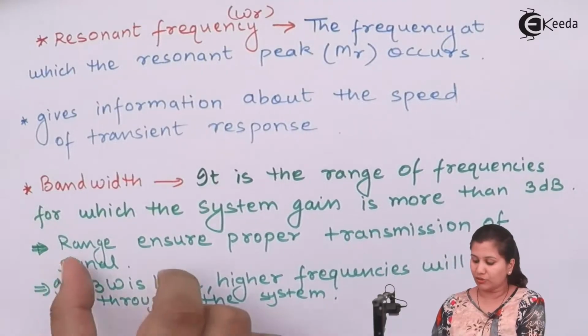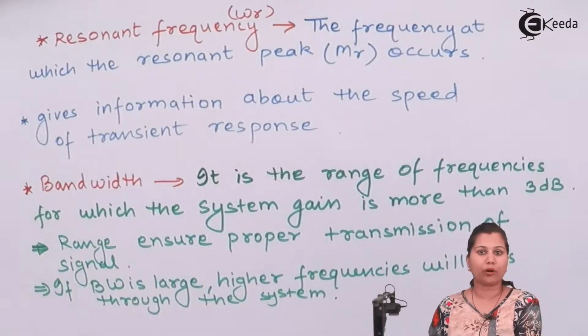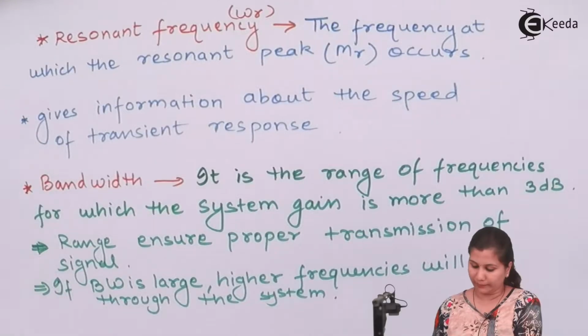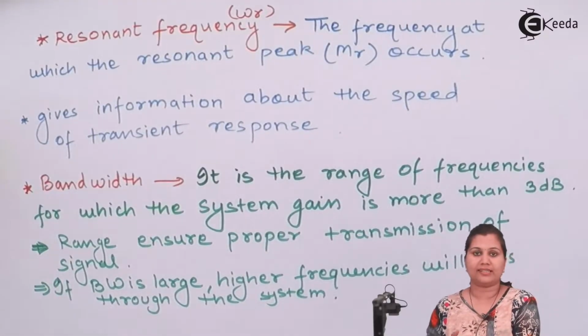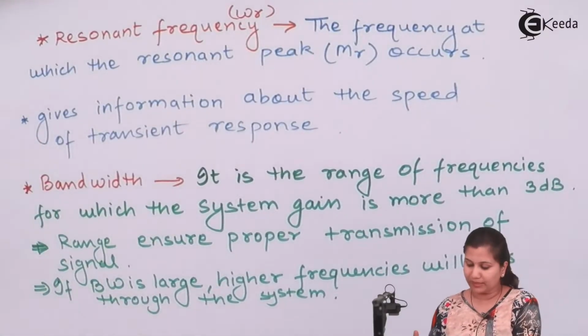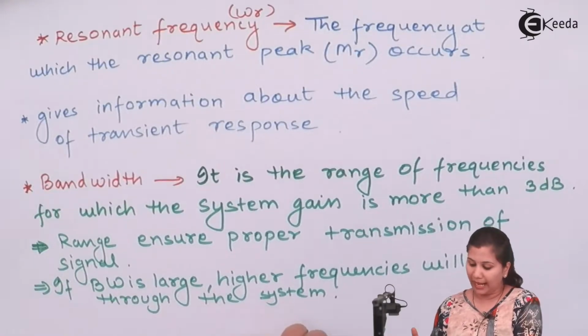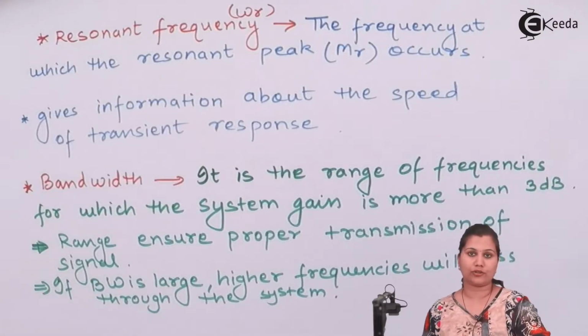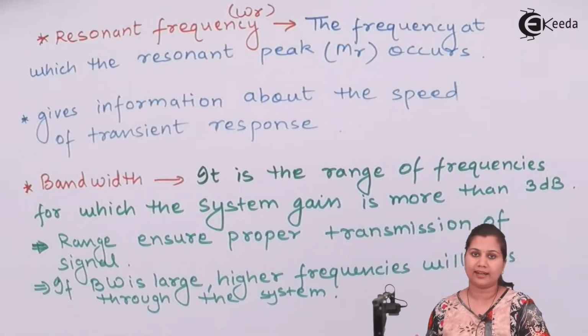This range ensures that the signal is properly transmitted. If the bandwidth is large, then higher frequencies will pass through the system, and this passing of higher frequencies is an indication of a faster rise time.